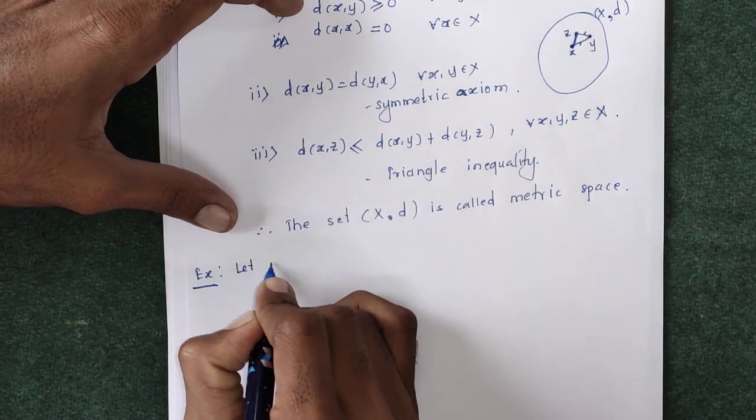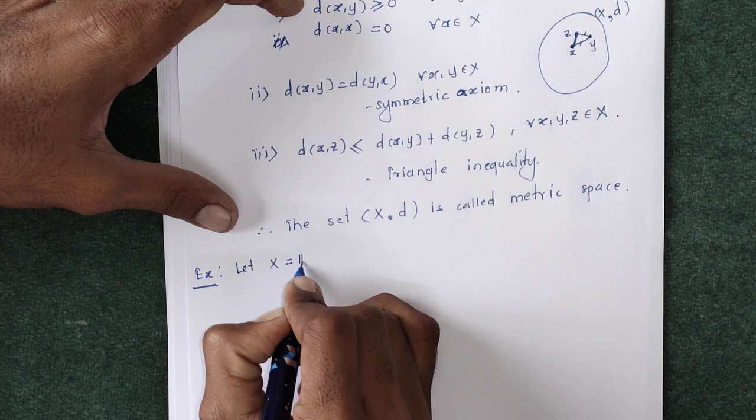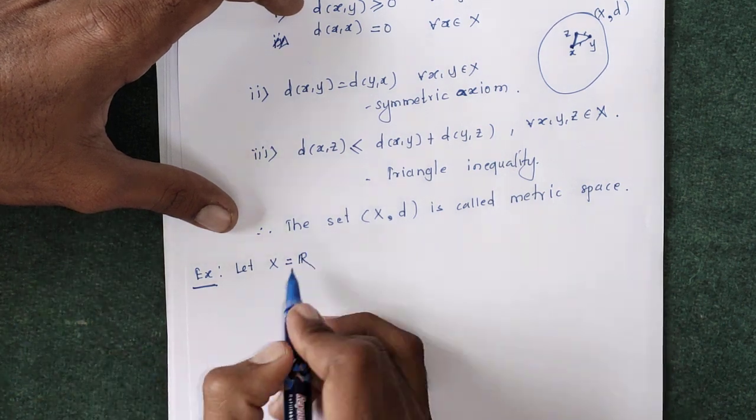Suppose capital X is equals to R, that is set of real numbers.